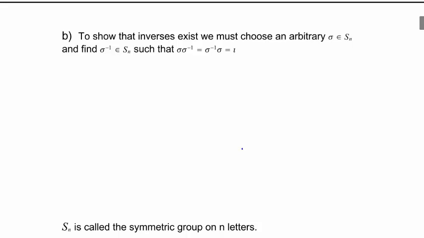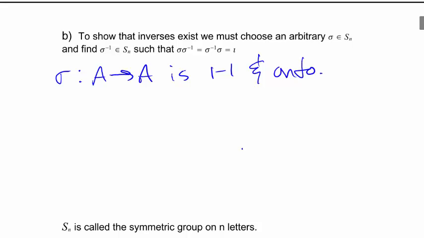To define sigma inverse for a given sigma, we have to remember that a one-to-one function sigma mapping A to A is not only one-to-one, but it is also onto, because it's mapping A to itself. So we can define sigma inverse as follows.